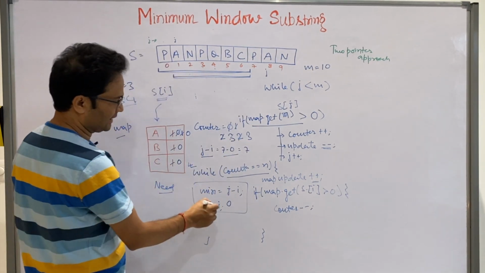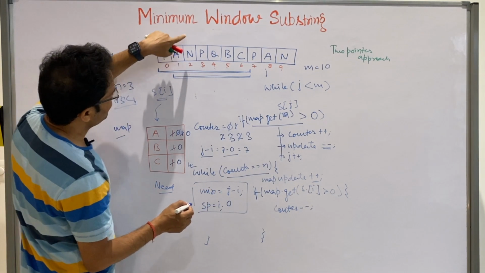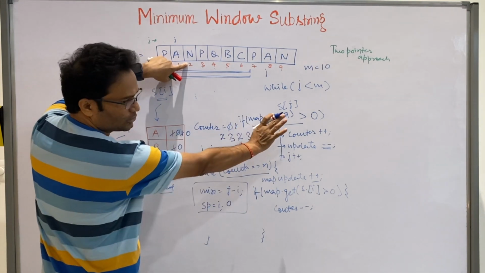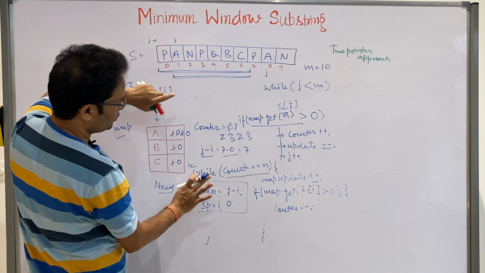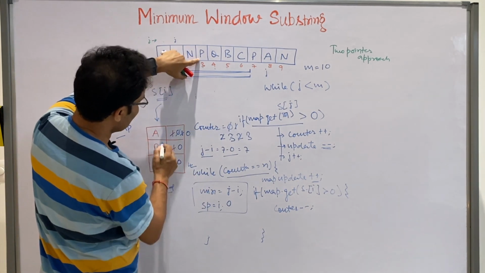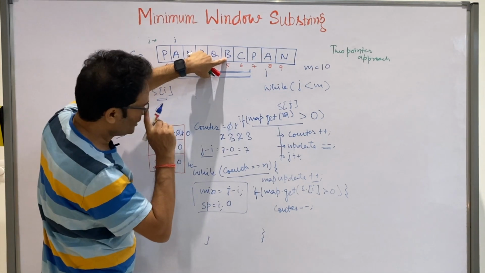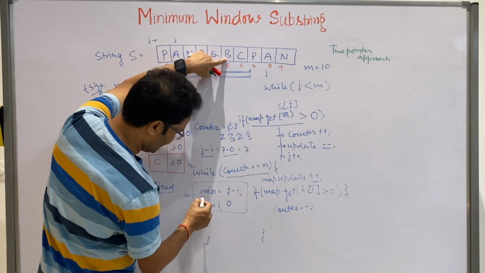Let us start again. That time I was 1, right? Again move the i now, because this condition is satisfied, so you have to stop the j and move the i. So n is matching, no need to do anything. P is matching, no. Q is matching, no. B is matching. The moment B is matching, you have to update the minimum.